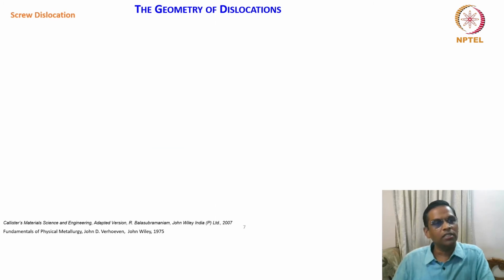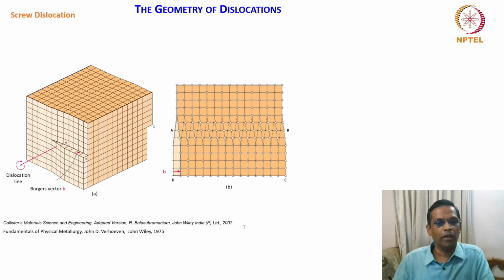The next one is the screw dislocation. You can see the nice schematic here. The huge block got slipped, and both views are the same, but one is the side view and the other is the top view.